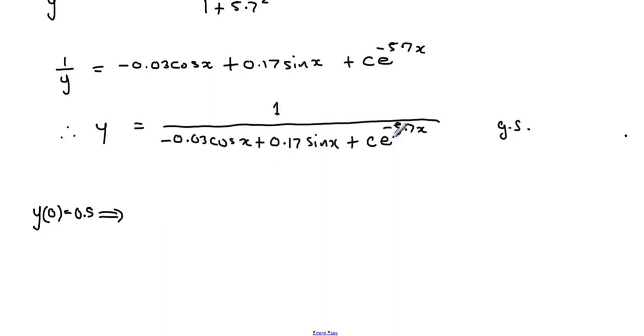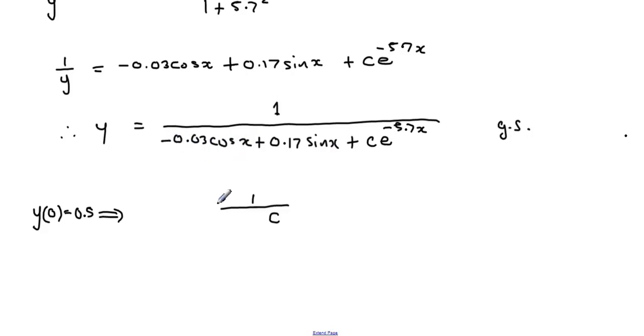If we evaluate at 0, we get 1 over c from this, because e to the power 0 is 1. And sine at 0 is 0, and cos at 0 is 1.